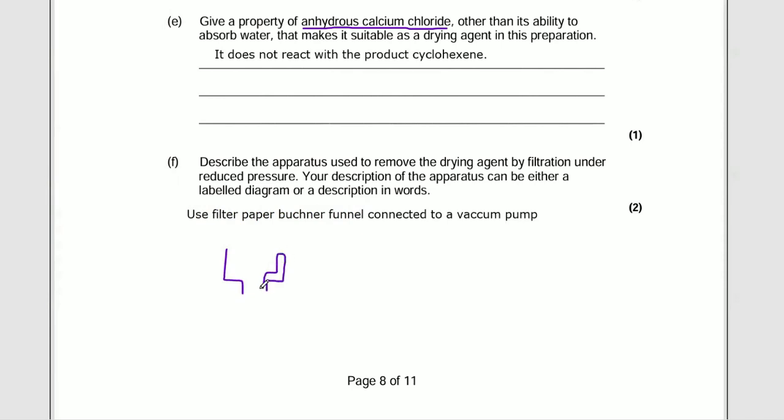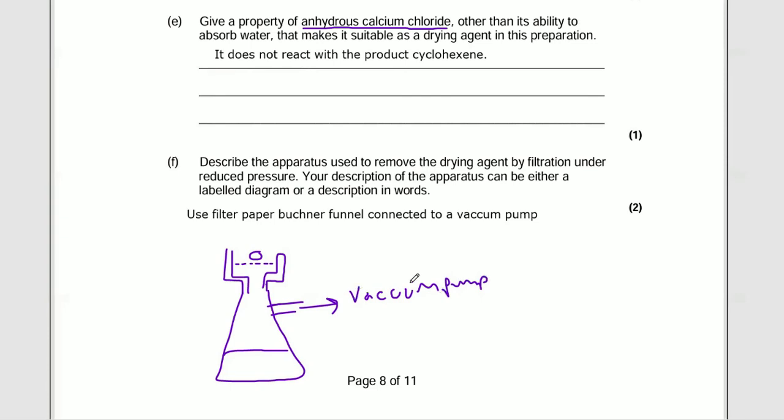So we've got our Buchner funnel here, and the dotted line represents your filter paper, with your drying agent up there, and then the flask below will fill up with all the liquid being drawn through. Then you have a vacuum pump that's going to create the suction to pull all that liquid through and remove your drying agent, which will be left behind on the filter paper.